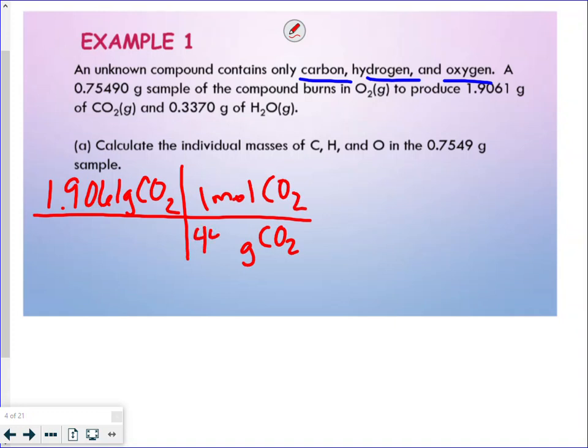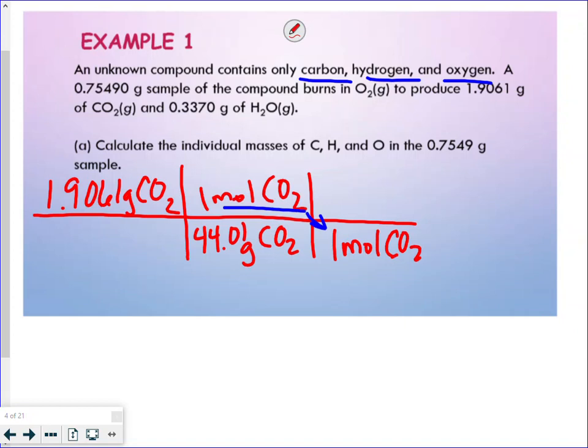So carbon dioxide is 44.01 if you wanted to add up the molar mass. That's another one that's frequently used, so an easily memorizable number. So we get to moles of carbon dioxide, but I'm going to keep going. I'm going to take this mole of carbon dioxide, put it down here, and this is where the molar relationships start to come into play. In carbon dioxide, how many carbons are there?